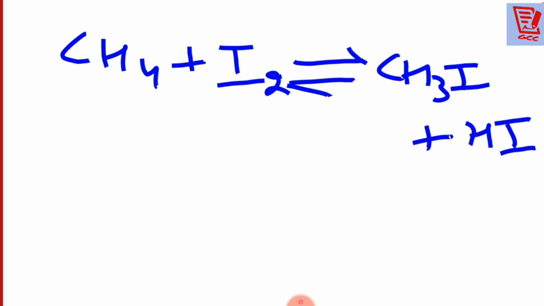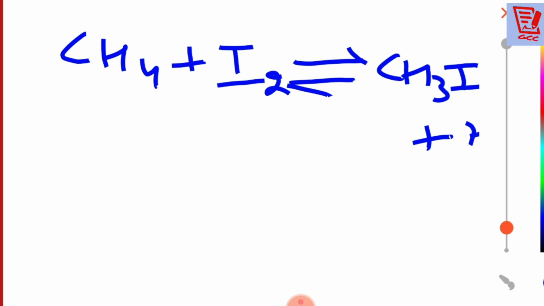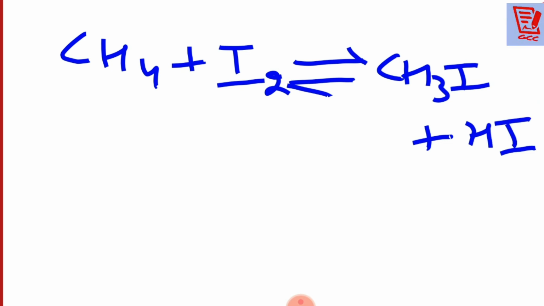First of all we did chlorination, then bromination, which I told you is similar; now iodination is a reversible reaction. Now the question arises here: sir, why is it a reversible reaction? The reason behind it is very simple. I told you in the starting only, HI is most reactive. The bond between H and I is very weak.